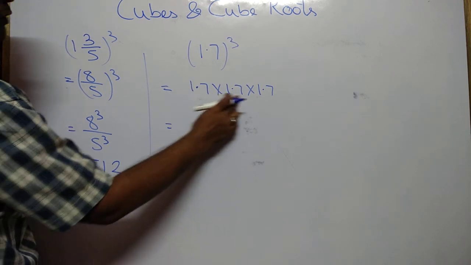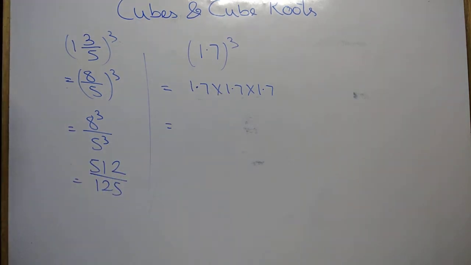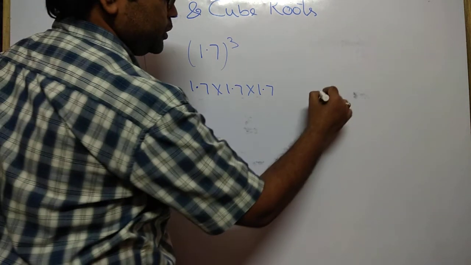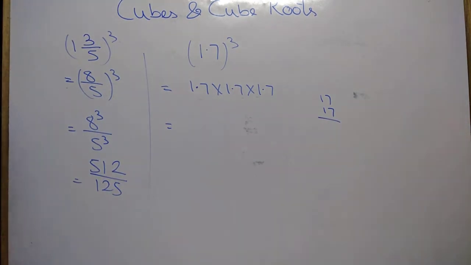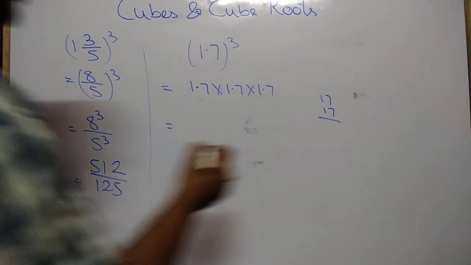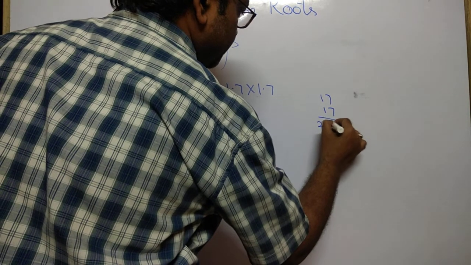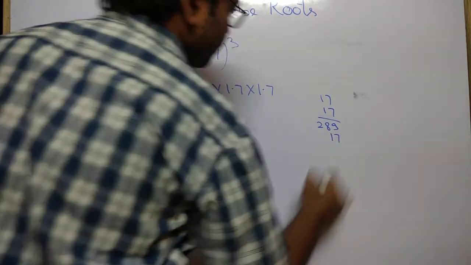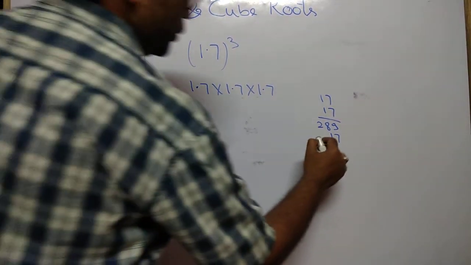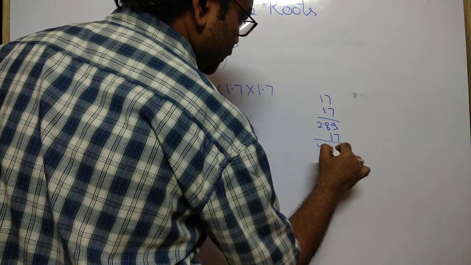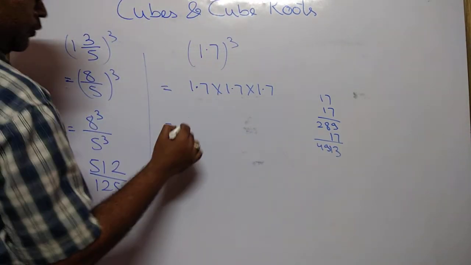First, roughly we find out the cube of 17. So 17 into 17 is 289, and we have to multiply it one more time by 17. So let's start. I think it's 4913. Let's check.